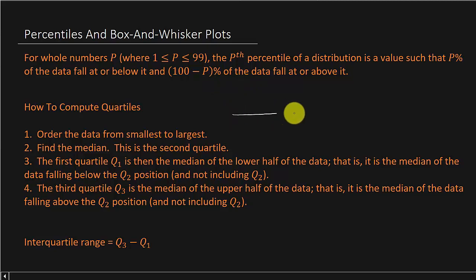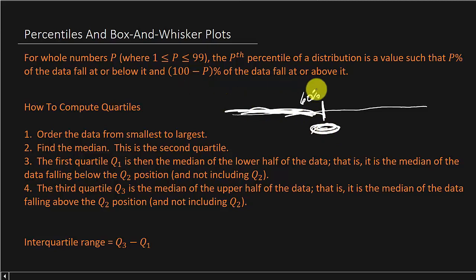Just to explain that real quick, let's say you've got some numbers, and you've got some number right here. Doesn't matter what the number is. But let's say this is the 60th percentile. That's the amount of data that fall at or below this number here.